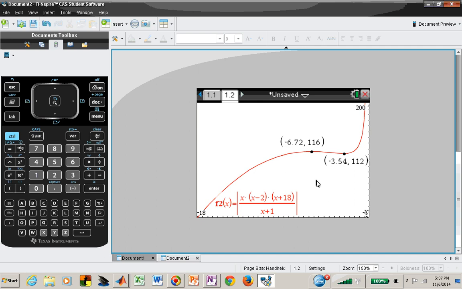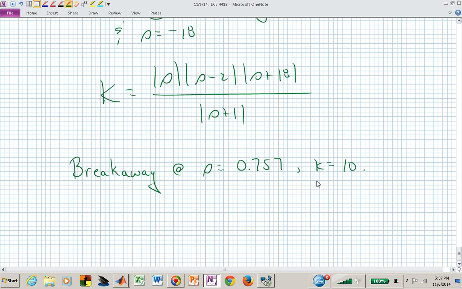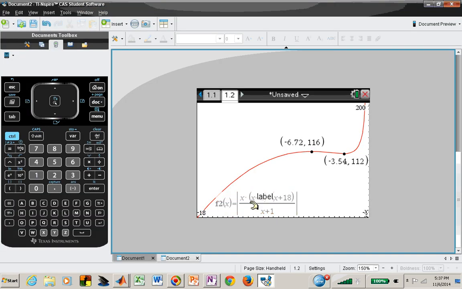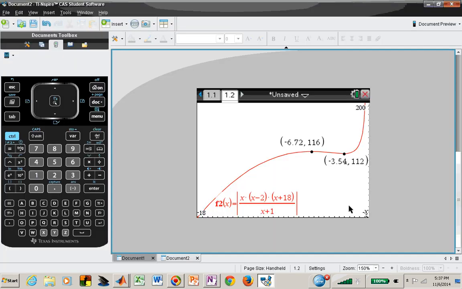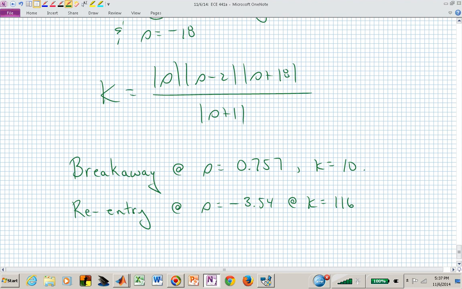And if I now copy that down, I have a re-entry at a value of s equal to minus 3.54 at a gain k quite a bit bigger than 10. Whoops, it's 112.